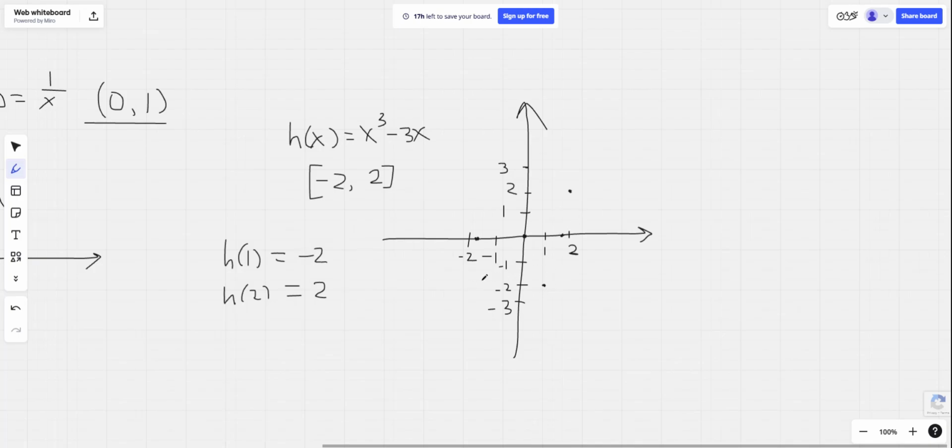And what we care about for this example here is that the function attains the value of exactly 0. So there is a root between 1 and 2. And it doesn't tell us what the root is. We can use other methods to find that the root between 1 and 2 is square root of 3.